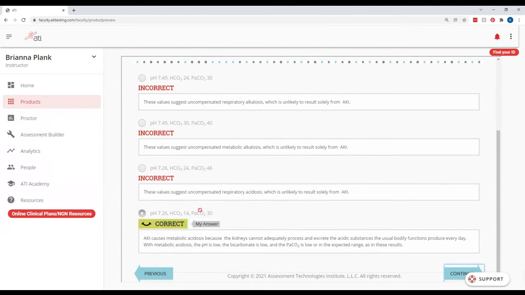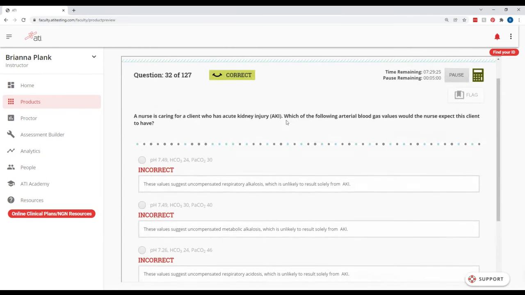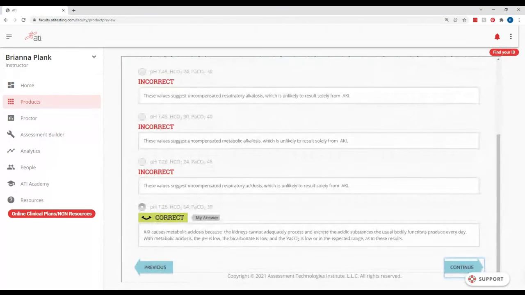So we know that our acidosis is not respiratory because our CO2 is not high. If we had a low pH and we had a high CO2, we would have respiratory acidosis. So in acute kidney injury, we're expecting a metabolic acidosis because they're not producing the bicarb.